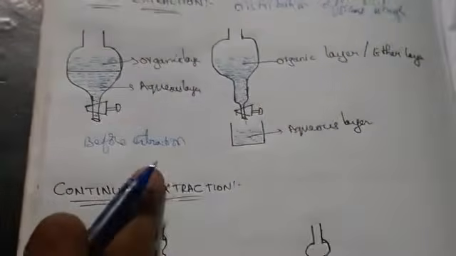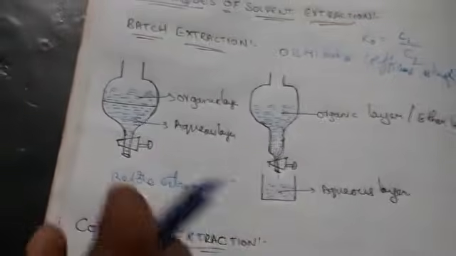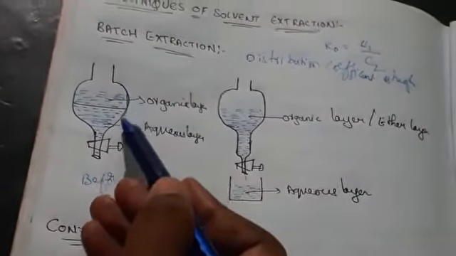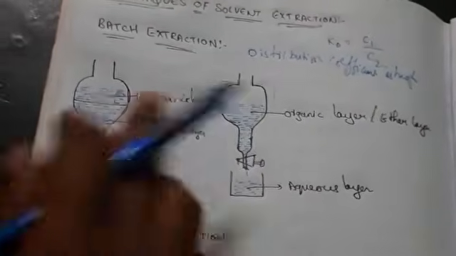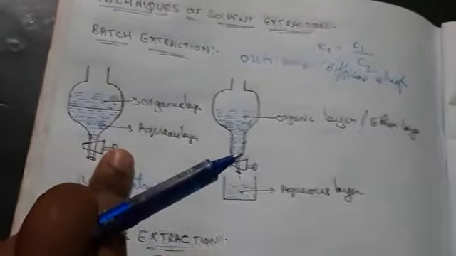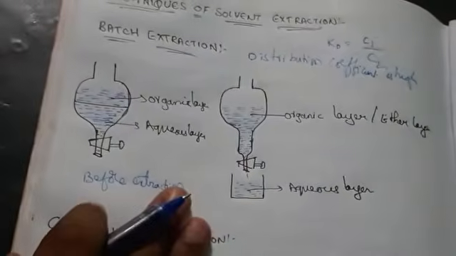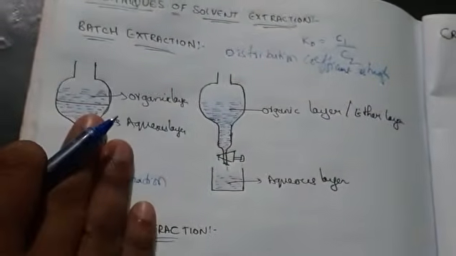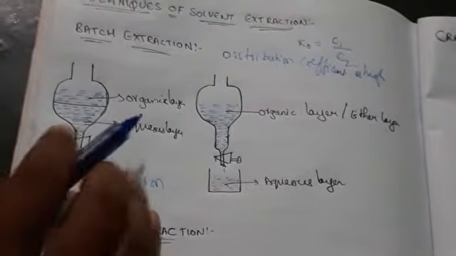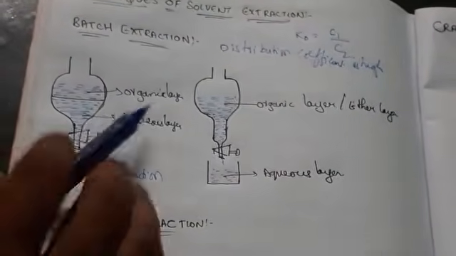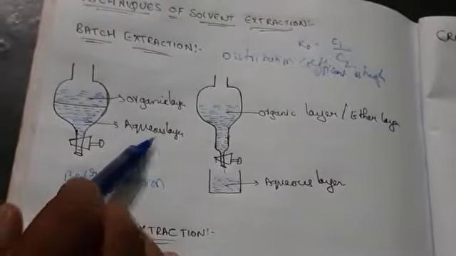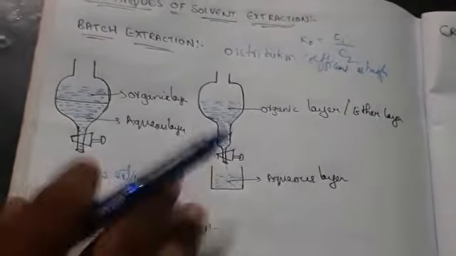Now, which is the simplest method? The solvent extraction funnel is like this. Before extraction, without adding any solute or solvent, this is the aqueous layer and this is the organic layer.